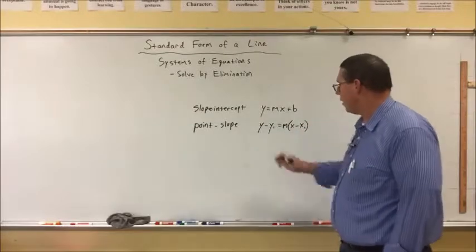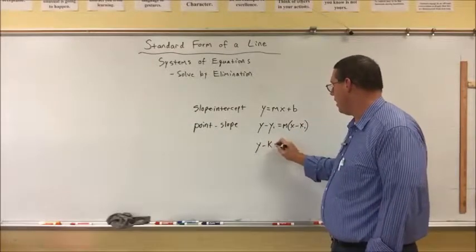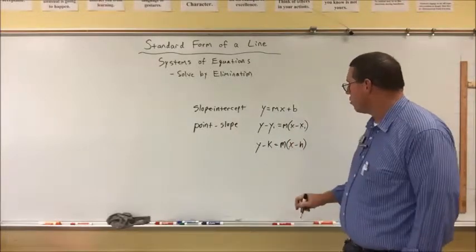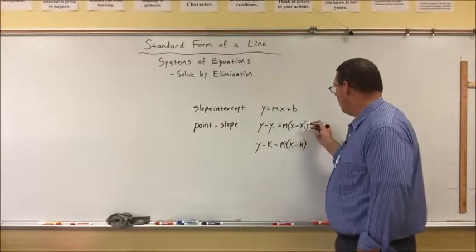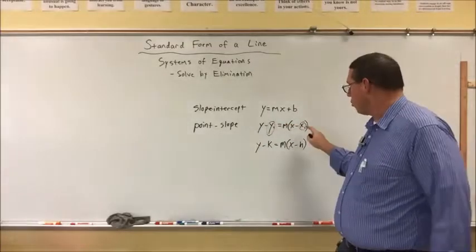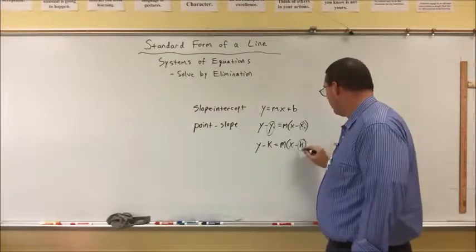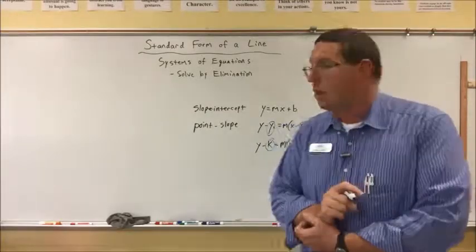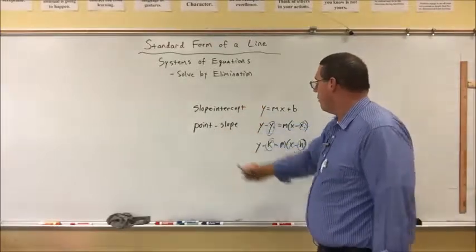You may also see it as y minus k equals m times x minus h. The x1 and y1 is an xy coordinate, and just like that, the coordinate (h, k) is a coordinate, okay? So we've got the slope-intercept form and the point-slope form.